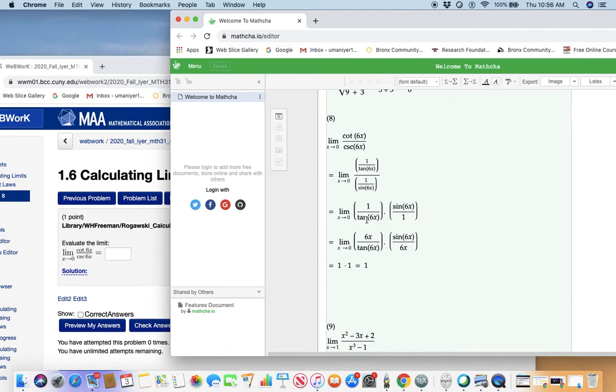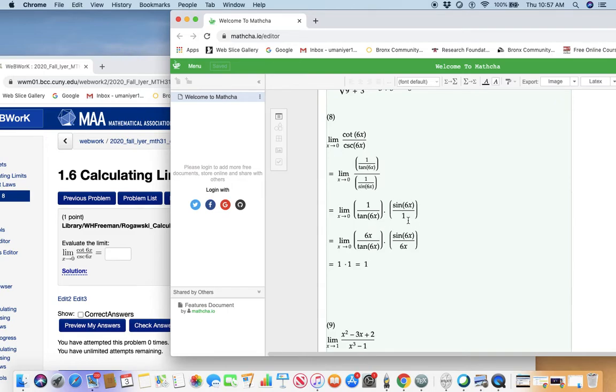Remember our sine and tan laws: whatever is inside, if it's going to 0, I must have that same quantity dividing it. So notice this is already in the denominator. If I divide by 6x, 6x is upstairs.